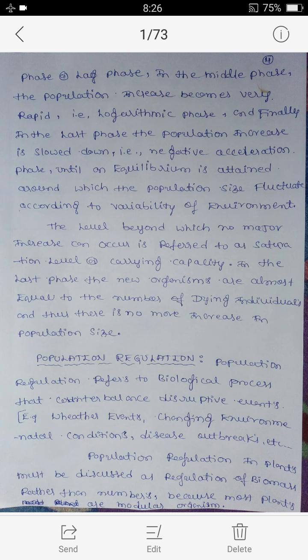In the middle phase, the population increase becomes very rapid, that is logarithmic phase.